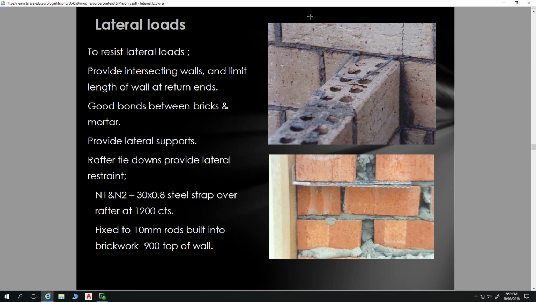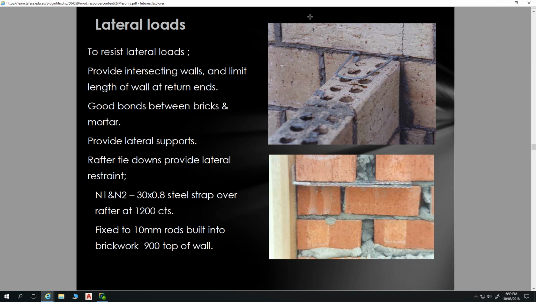at best, that top plate is fixed to our top brick, and with a lot of wind, it just takes the top brick off. So we can't rely on this fixing here. So we use the galvanized iron strap attached to our rafter, which loops down around that 10mm rod and is nailed again onto the rafter, tying the rafter down into that brickwork.